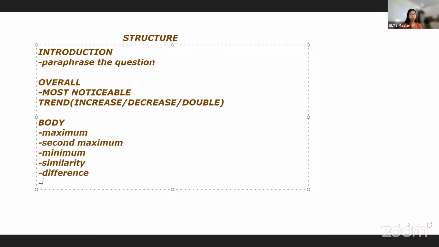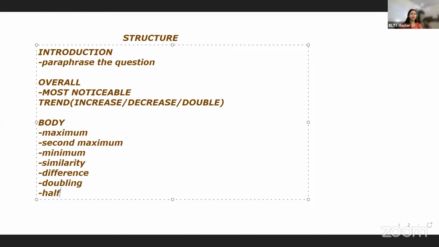Something which is doubling, getting half, everything. All good? Shall I initiate now?